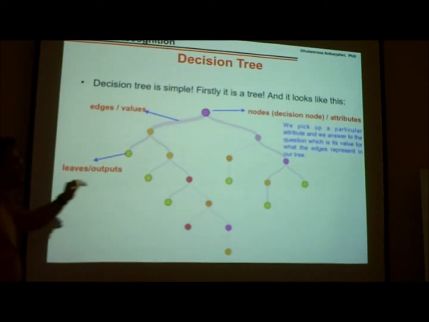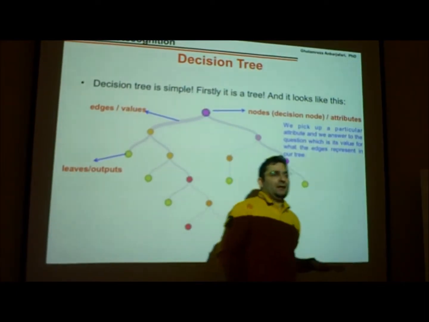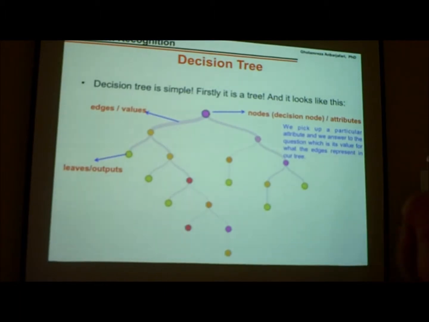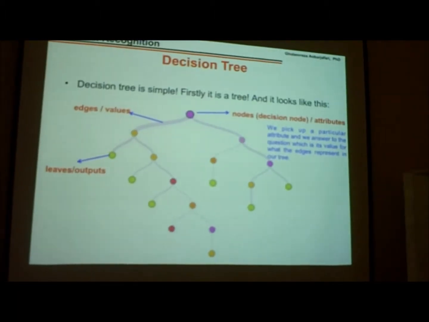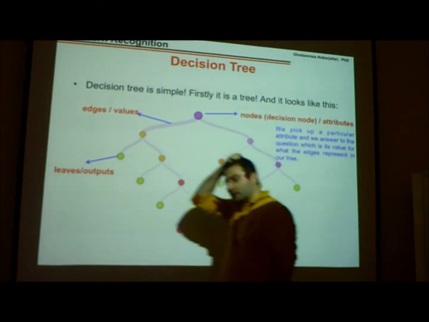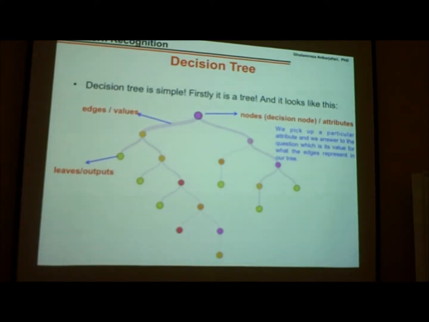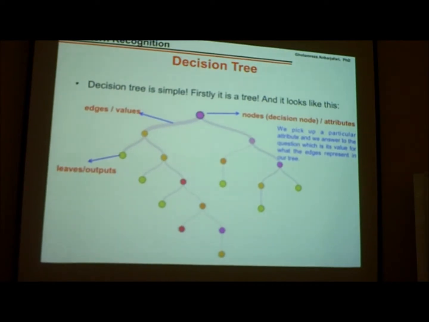Now, the question in all types of trees is this: which attributes or which nodes do we have to pick? Usually we pick those attributes, we will see it later, that help us narrow down our data, right?